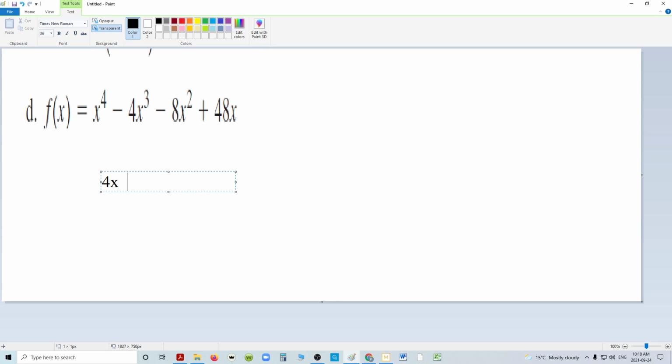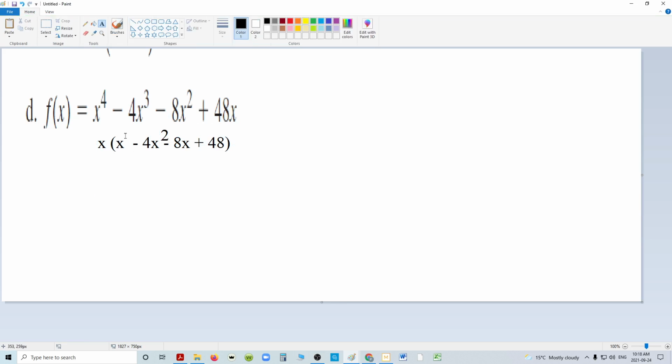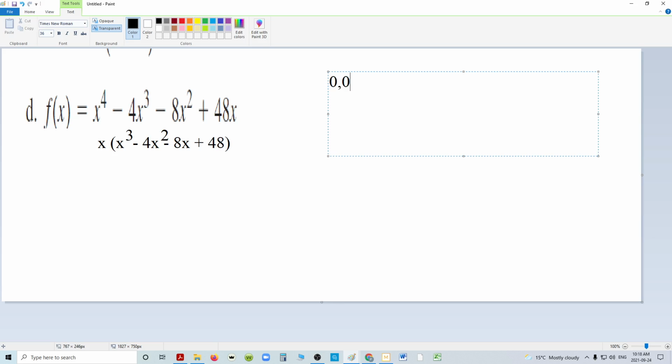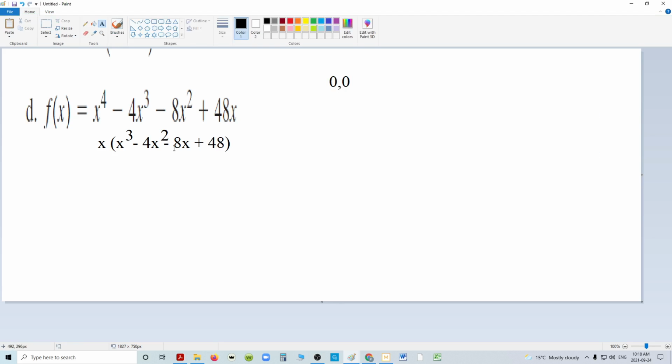Oh, the first thing I would do, notice they all have x. Factor out an x. That's the tricky part here. So you get x cubed minus 4x squared minus 8x plus 48. So it becomes x times a cubic. And that immediately tells me it goes through 0, 0 also as a point. So that helps.